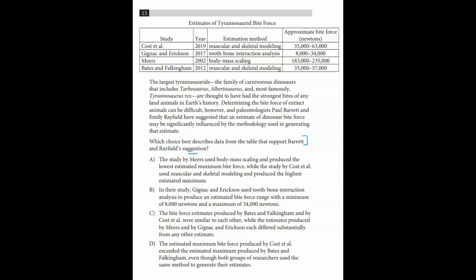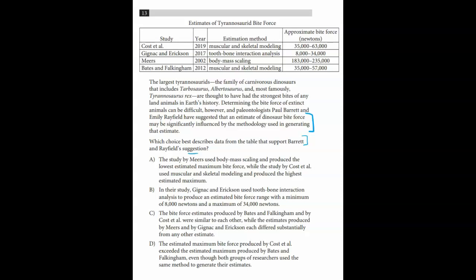Determining the bite force of extinct animals can be difficult, however, and paleontologists Paul Barrett and Emily Rayfield suggested, all right, we found the suggestion: that an estimate of dinosaur bite force may be significantly influenced by the methodology used in generating that estimate. All right, so they're questioning whether the methodology is accurate because they're saying that the amount of bite force estimated depends on the methodology used.